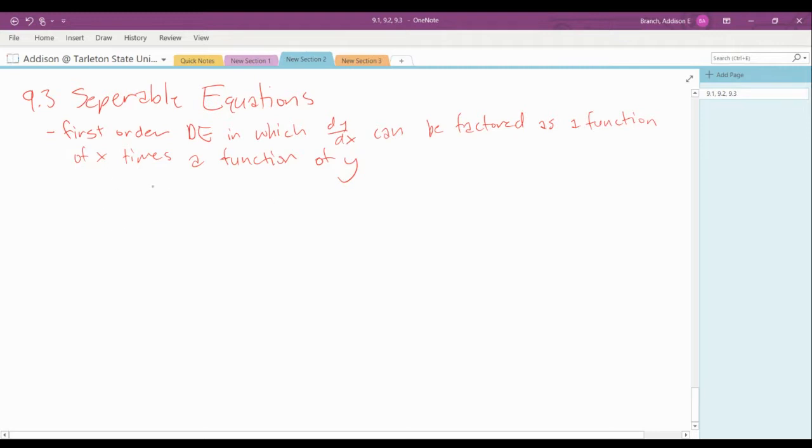Rewriting this, it would say that dy dx is equal to f of x times g of y.